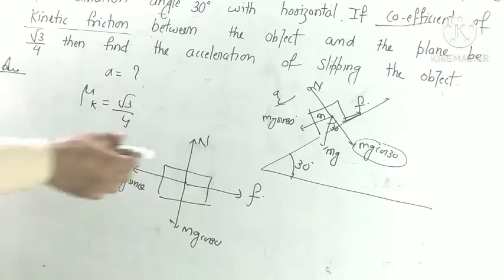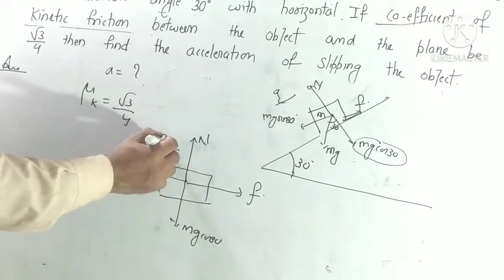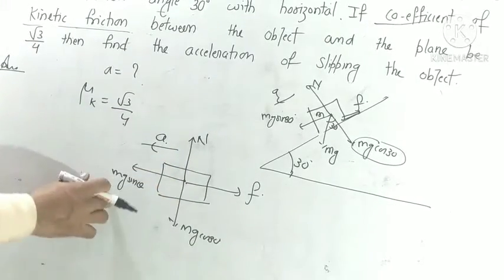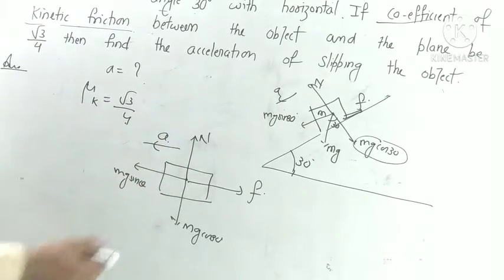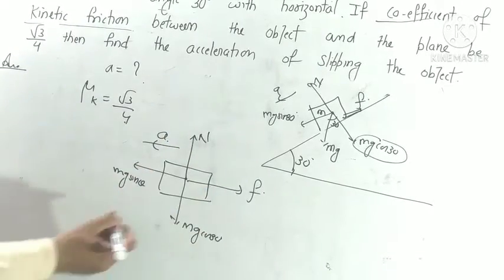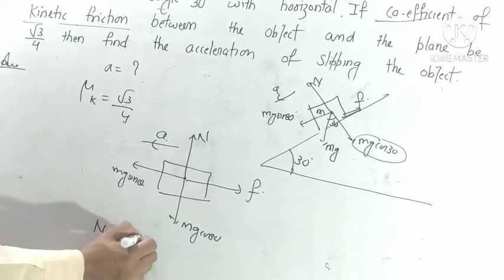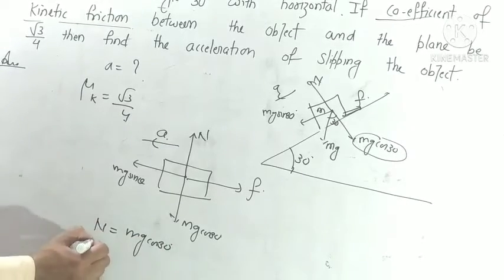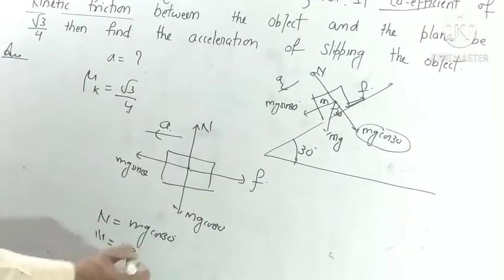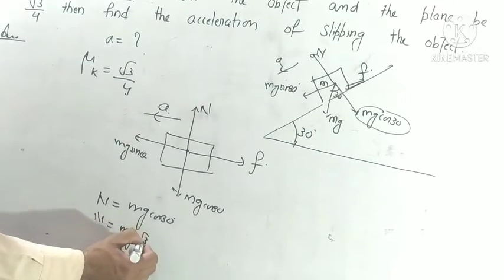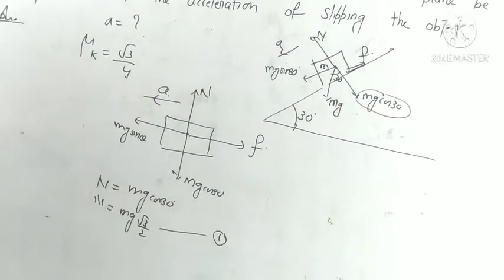When this body moves to the left-hand side with acceleration a, how many forces are working on this body? So there are 4 forces. So we can write here N is equal to mg cos 30 degrees, and cos 30 is equal to root 3 by 2. We give it equation number 1.